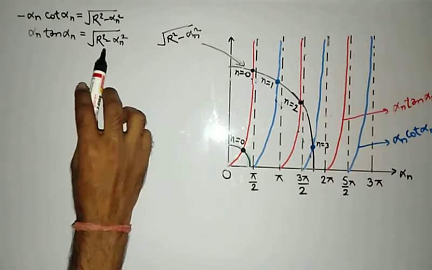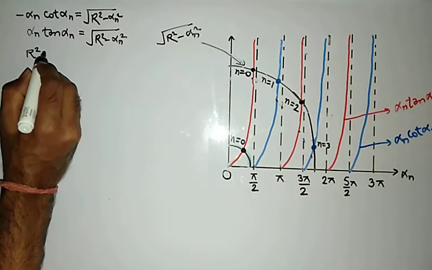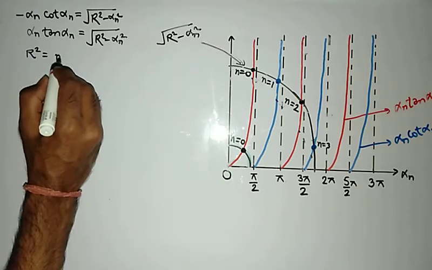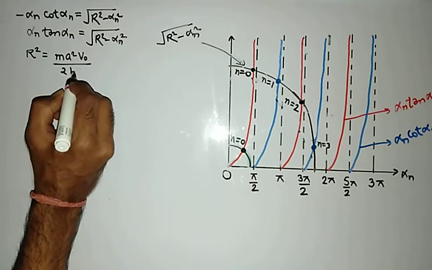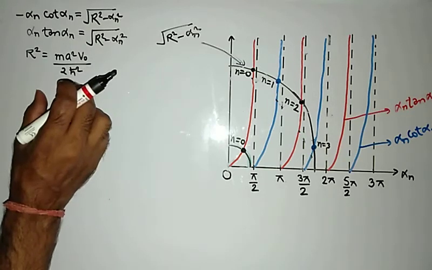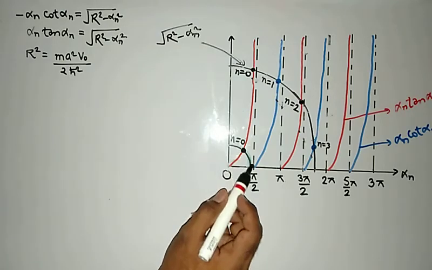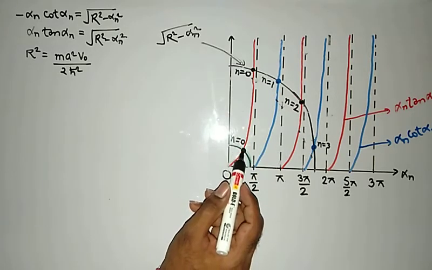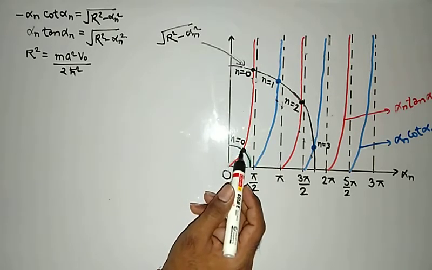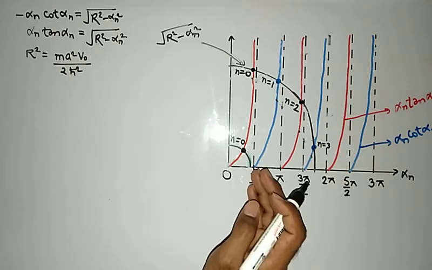And here these are r square, this is m square V naught upon 2 h cut square, because this smaller circle and this tan alpha curve, we get one bound state. Due to this intersection, we are getting a discrete set of solutions.